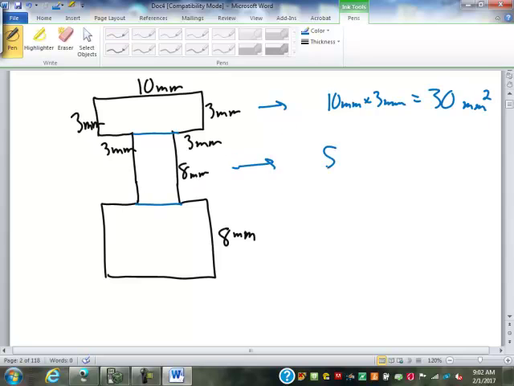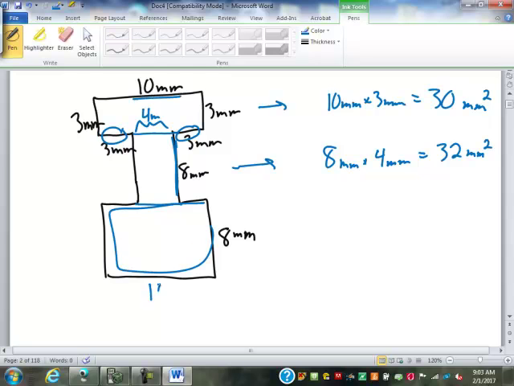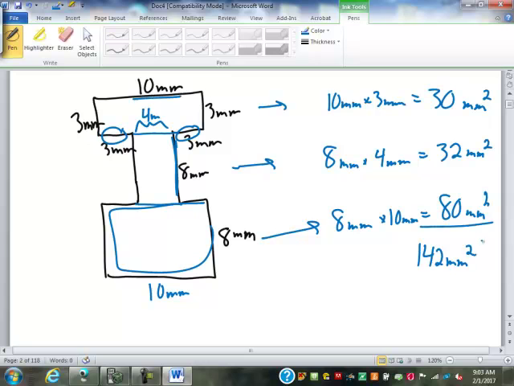This next piece is 8 millimeters high. How big is it here? 4. 10 minus 3 minus another 3 is 4. So that's 32 millimeters squared. And this, of course, is 8 by, this better be 10 down here still, right? Or 80 millimeters squared, which adds up to 142 millimeters squared.